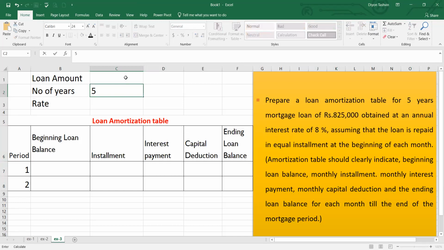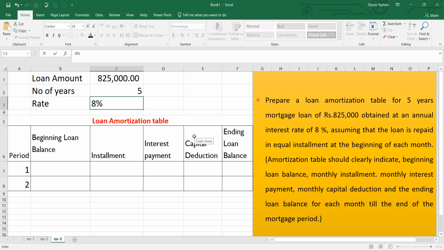Mortgage loan of 825,000 at an annual interest rate of 8%. So the interest rate has been provided annually. Assume that the loan is repaid in equal installments. This equal installment is the sign which indicates the loan amortization table.